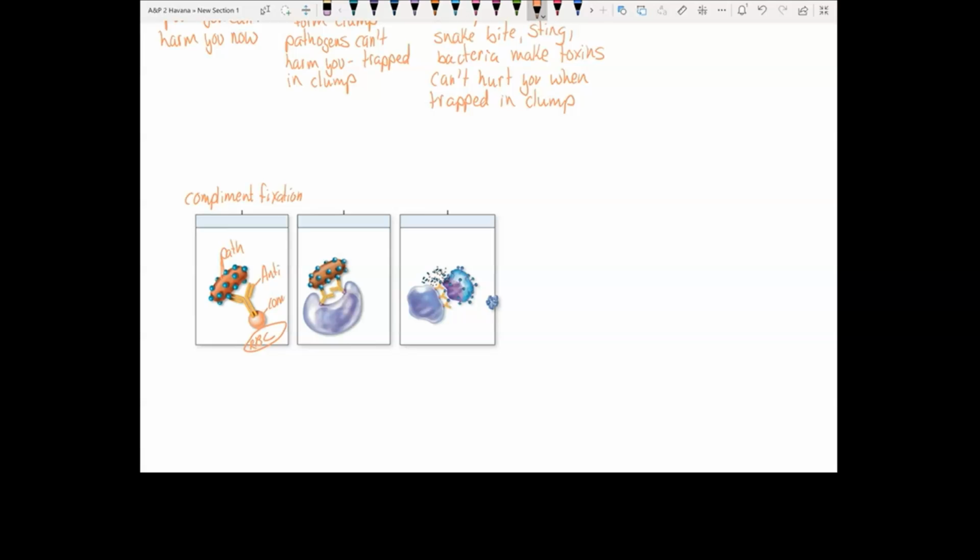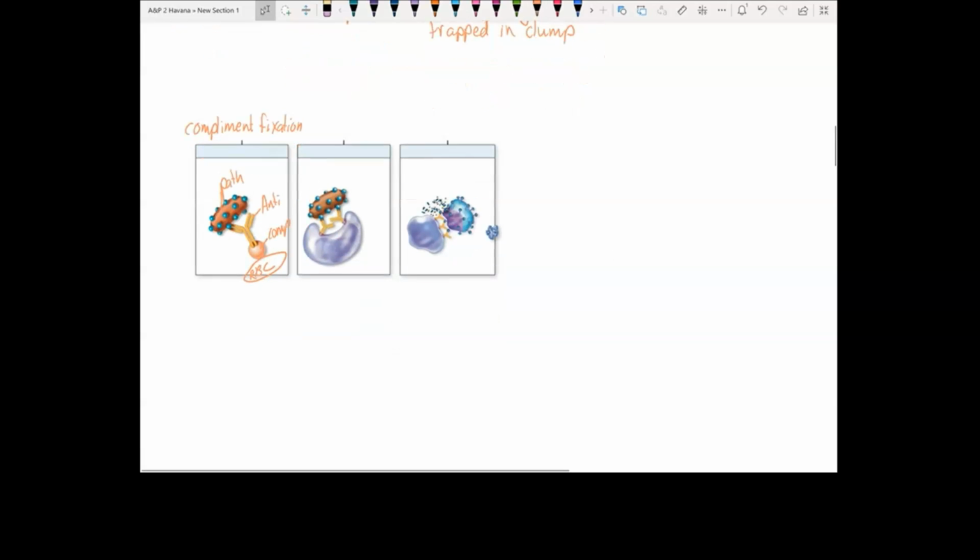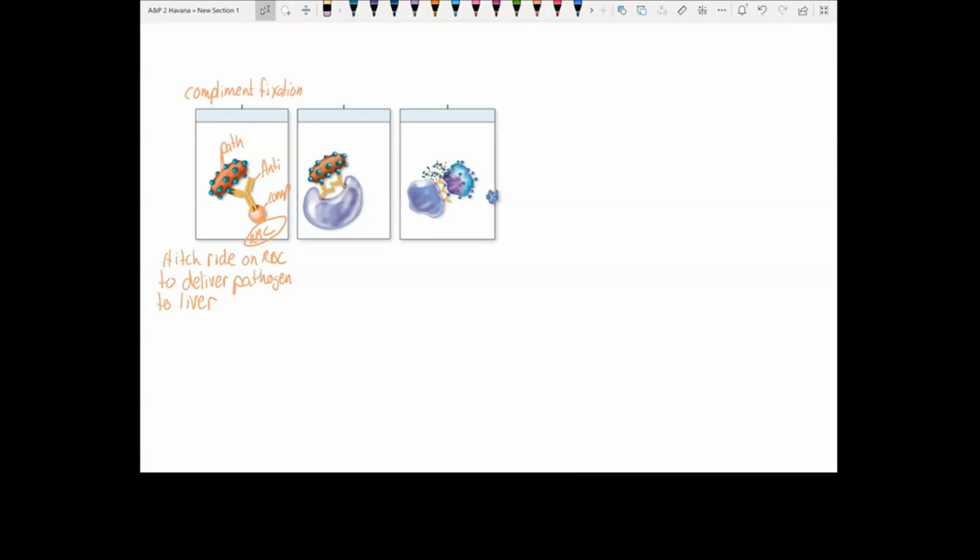Here's the complement. This is where you hitch a ride on a red blood cell to deliver the pathogen to the liver. And then when you get there, macrophages in the liver destroy the pathogen.